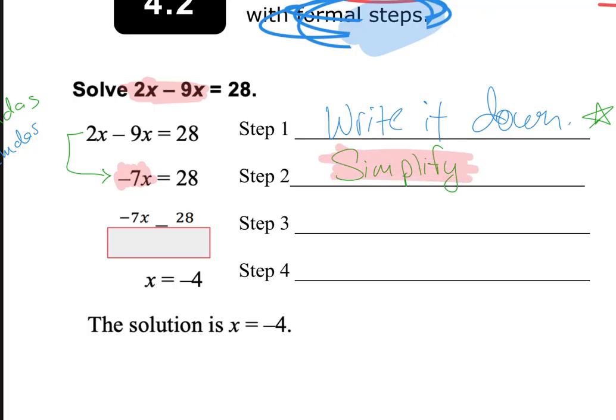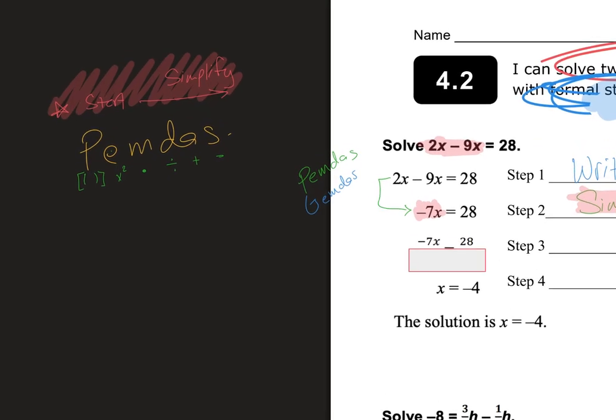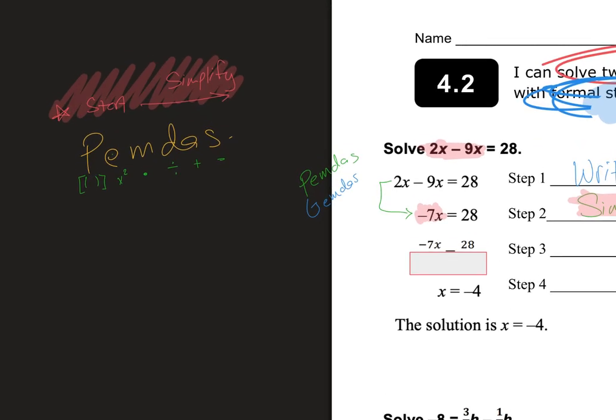Get it ready to be solved. Speaking of solving, once you have gone through simplifying, you are now down here. You are now ready to solve, okay? And when you solve, you actually go this direction, okay?